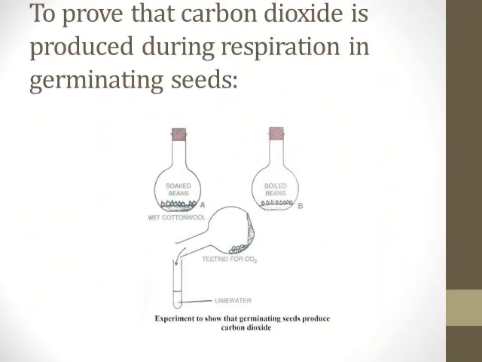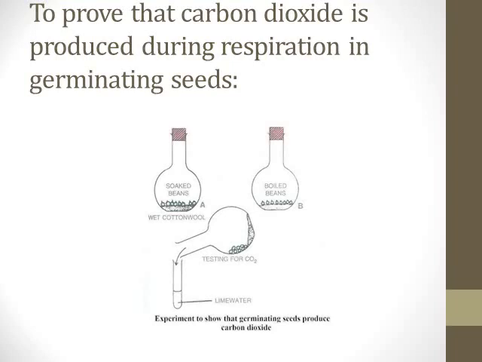The next is to prove that carbon dioxide is produced during respiration in germinating seed. Here also you are going to take two flasks A and B and place some wet cotton wool in both. In flask A, we are going to keep some water-soaked seeds, either bean seed or pea seed.